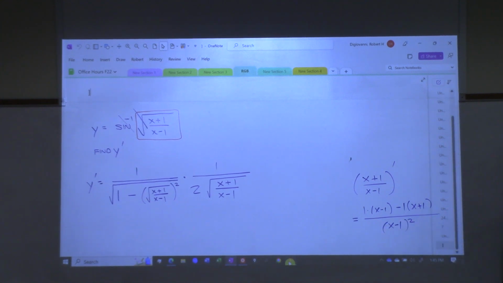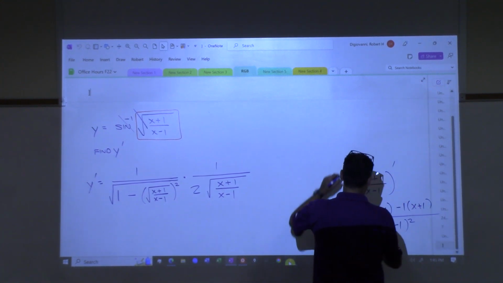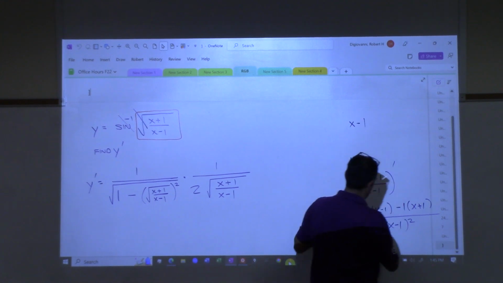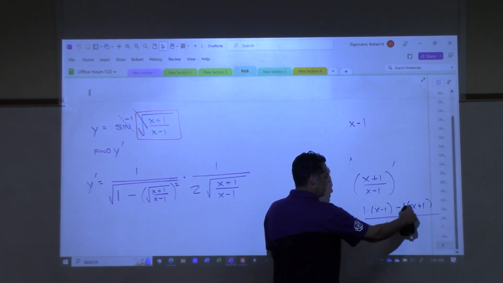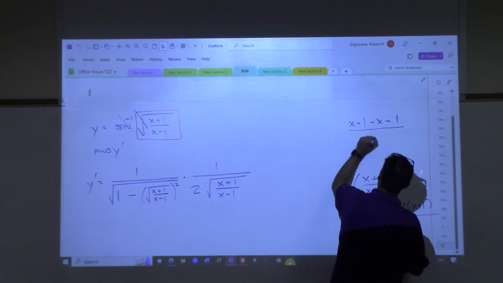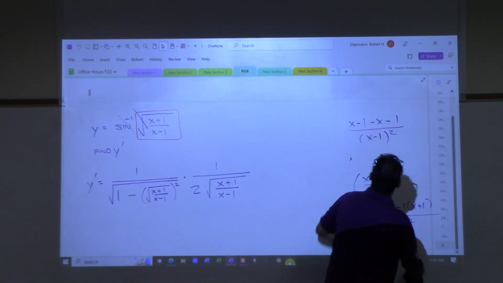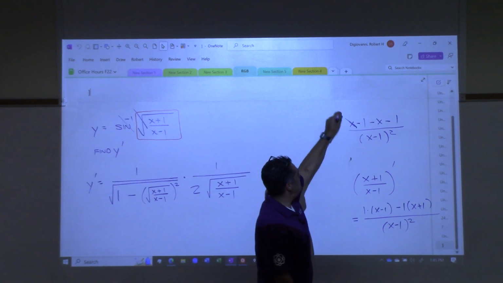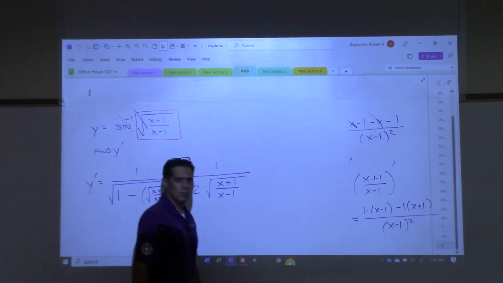Good. Let's clean that up. On the top we have x minus 1, and then distribute the negative through, minus x minus 1, all over x minus 1 squared. And doesn't that just give me a negative 2 on top? Negative 2 over that.